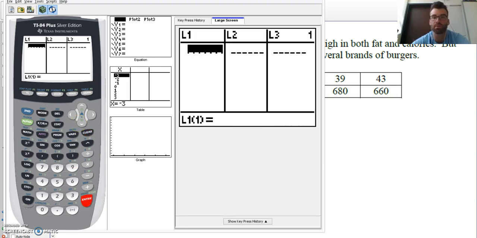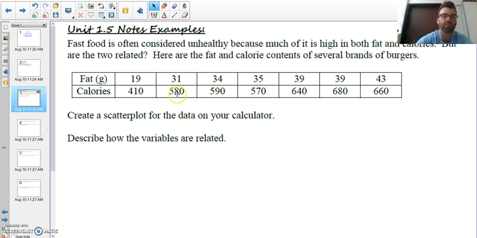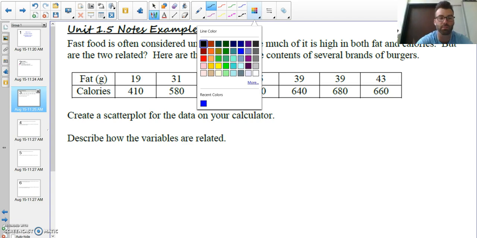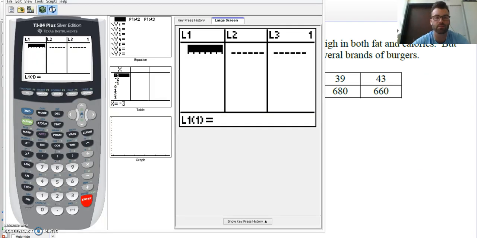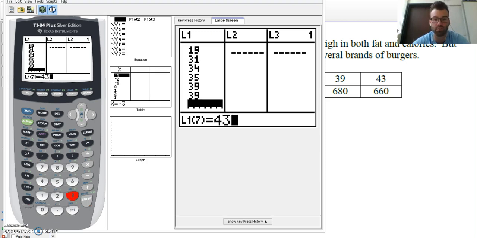Then I'm going to take the data about fat. We'll call this my X and I'll call this my Y. In L1, which will be my X, I'll input all my numbers: 19, 31, 34, 35, 39, 39, 43.